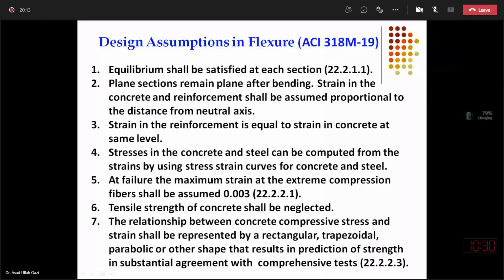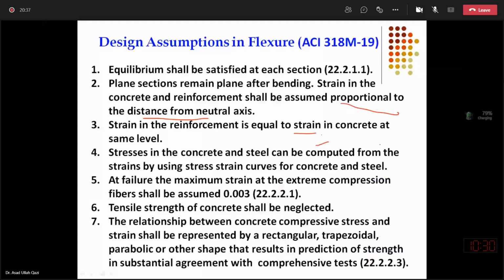So it means actually strains are proportional, which is stated here, strains are proportional to the distance from neutral axis. So once they are proportional, all the layers are actually getting the strain with reference to the distance from neutral axis, whether they are the concrete layers or steel layers.